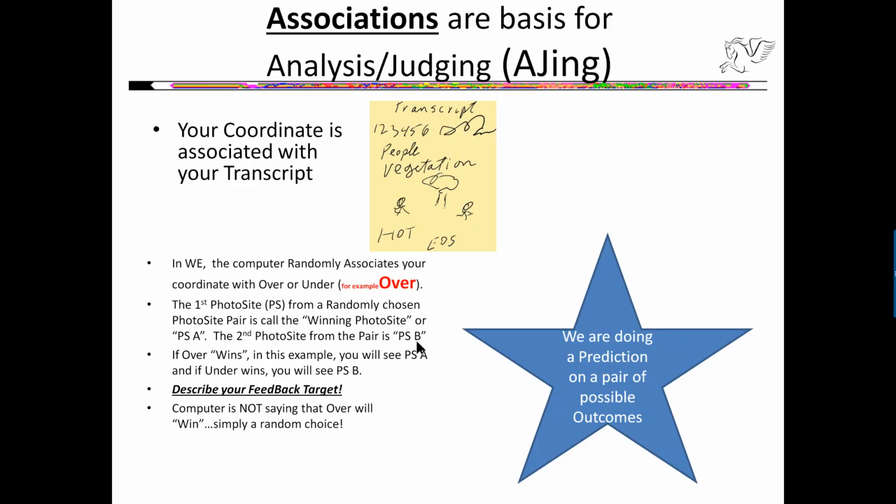Photo site A is associated, yes, with the winning side, but if under wins, hopefully you will have gotten a really good match with photo site B because that will be the one you'll see with this coordinate. You'll always see the truth, what actually happens. So you'll always see the appropriate photo site.